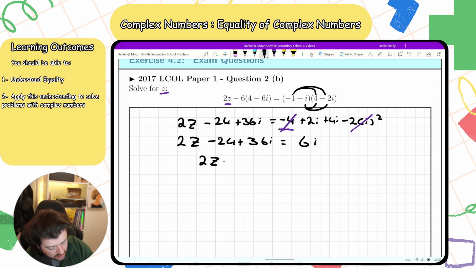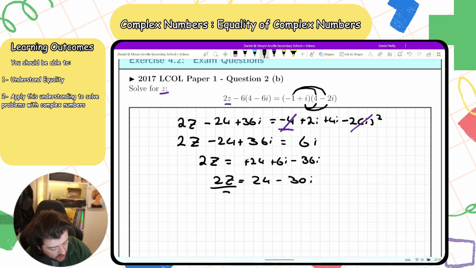So 2z equals 6i. So bring everything over to the right hand side. So plus 24. Then 6i minus 36i. When we bring it over, we change the sign. So 2z equals 24 minus 30i.